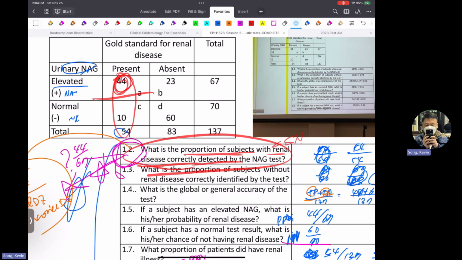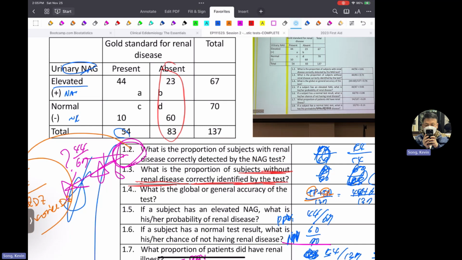I know this is a kind of misleading statement, but that's what it is. Next, what's the proportion of subjects without renal disease correctly identified by the test? Without renal disease, correctly identified means you correctly identify that there is no disease.